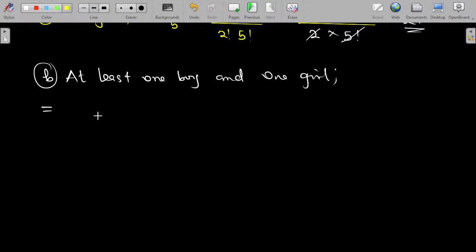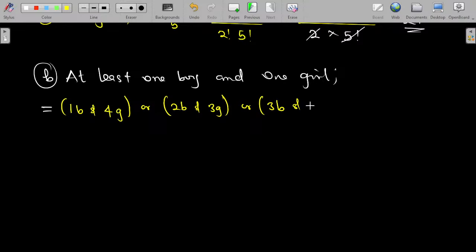So if I need 5 persons and there must be a boy and a girl, the possibility can be 1 boy, and the girls are up to 4, so I can have 1 boy and 4 girls, or I can have 2 boys and 3 girls, or I can have 3 boys and 2 girls, or I can have 4 boys and 1 girl.